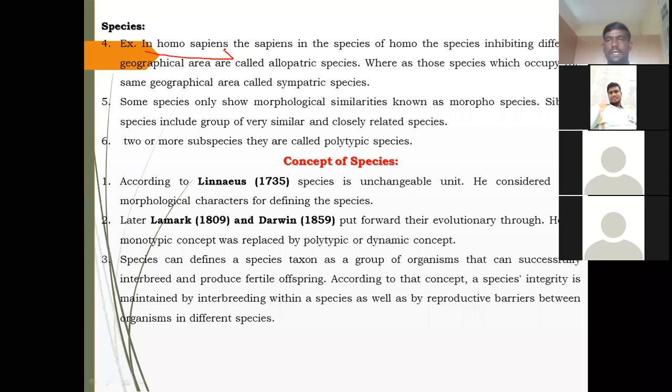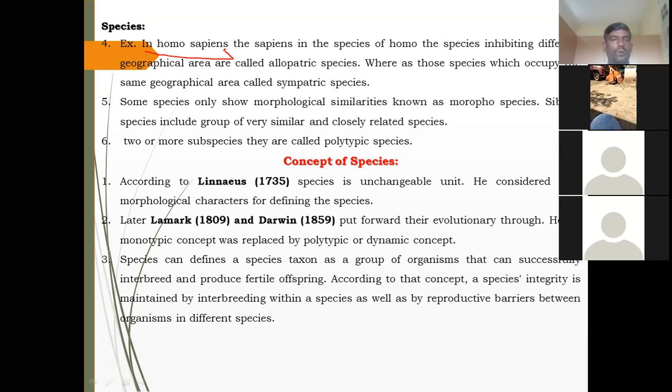The species inhabiting different geographical areas are called allopatric species, whereas those species which occupy the same geographical area are called sympatric species. Some species only show morphological similarity, known as morphospecies. Sibling species include groups of very similar and closely related species.